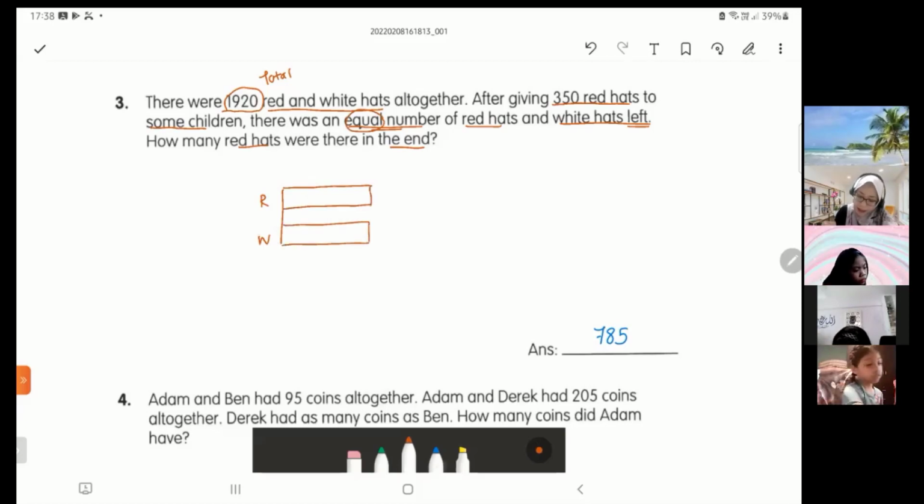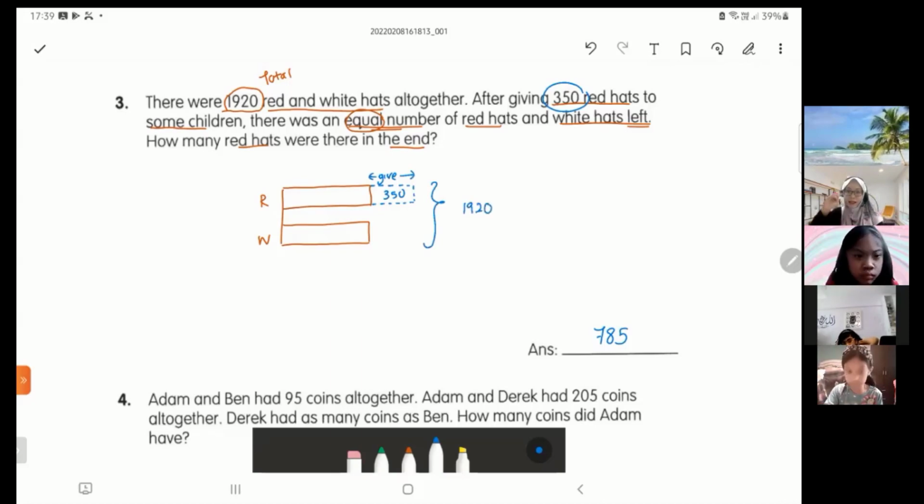Okay, but this is the after. Before that, I gave away 350 to some children, which means actually there is this portion. This is the 350 which I gave away. And then I have a total of 1920.